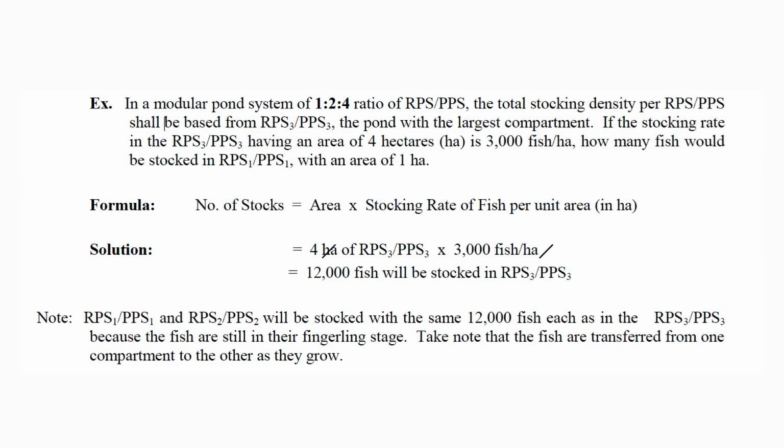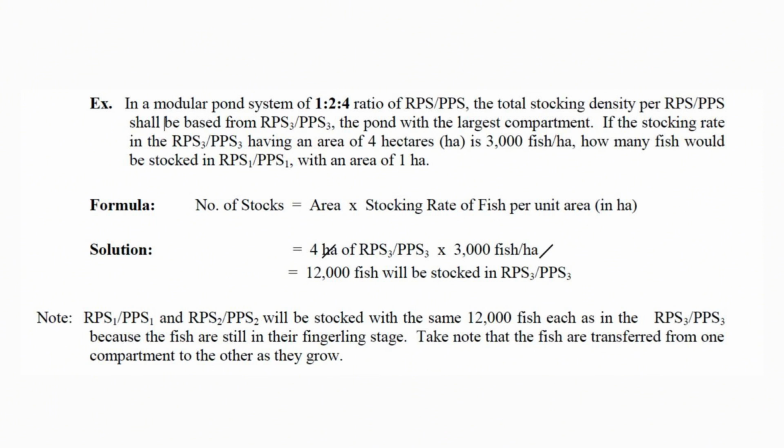For the given values, we have the area, which is equal to 4 hectares, and the stocking rate of fish per unit area is equal to 3,000 fishes per hectare. Just substitute the values, then solve. 4 hectares times 3,000 fish per hectare equals 12,000. We just have to cancel out the same units.